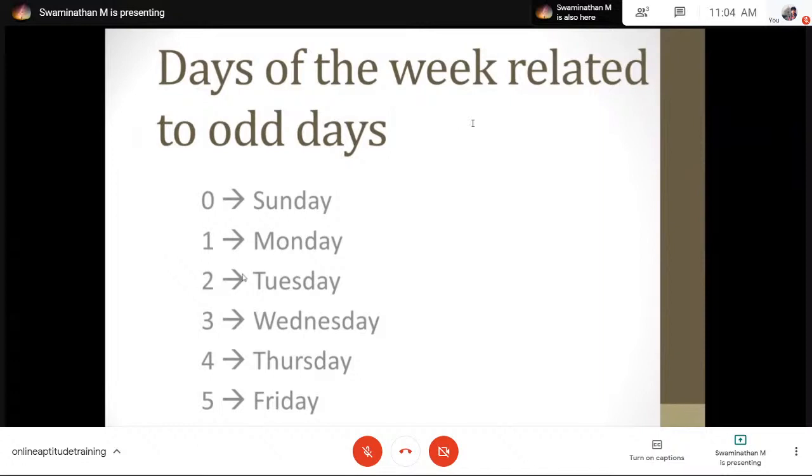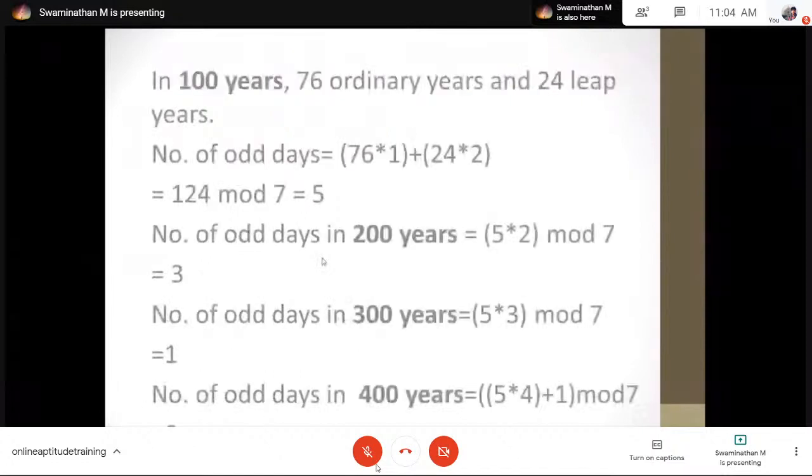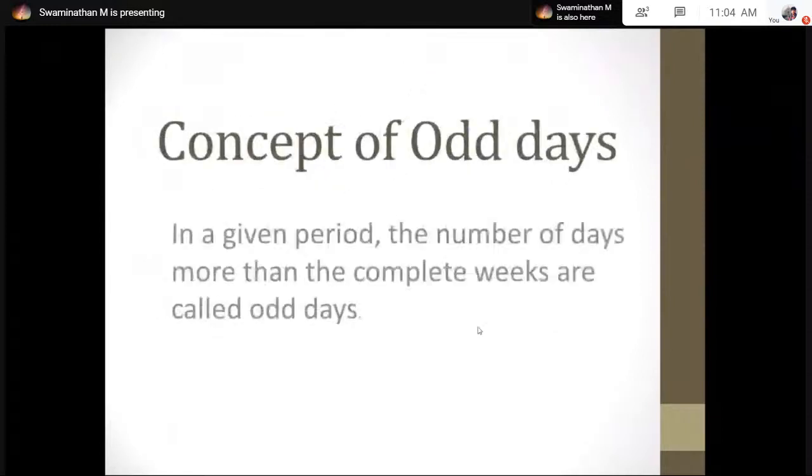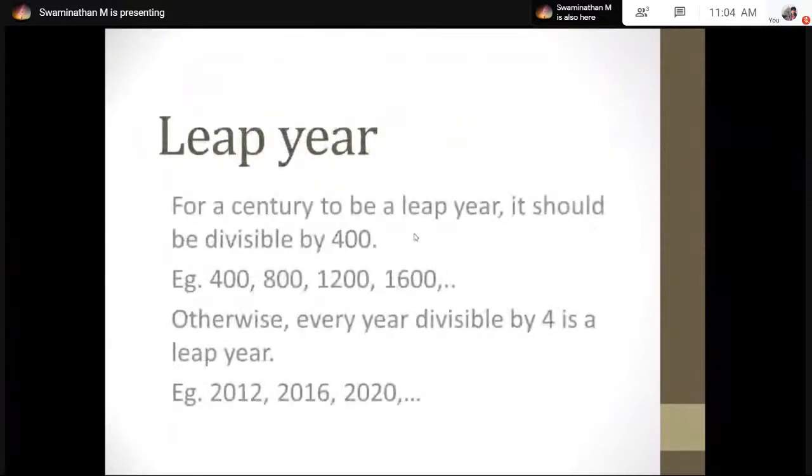Okay, I see a doubt: why am I adding 1 to the number of odd days of 400 years? It is because the 400th year is a leap year, as it is divisible by 400. Every 400 years, it is a leap year. For a century year to be a leap year, it must be divisible by 400.